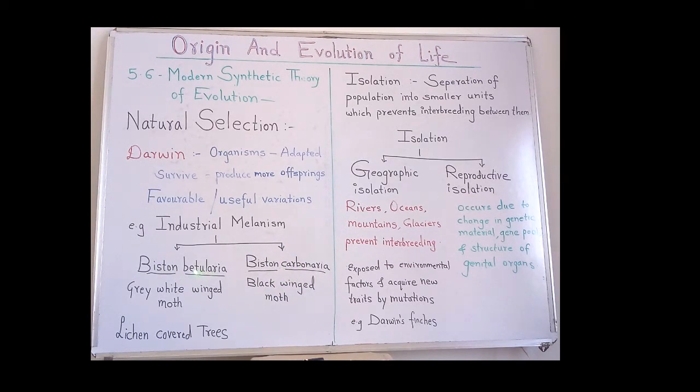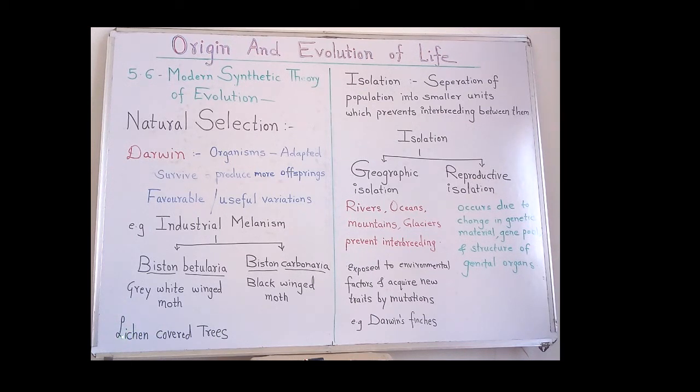Biston betularia are grey white winged moths, and Biston carbonaria are black winged moths. These moths are nocturnal, and during daytime they rest on lichen covered trees. You have already studied about lichens in 11th standard.